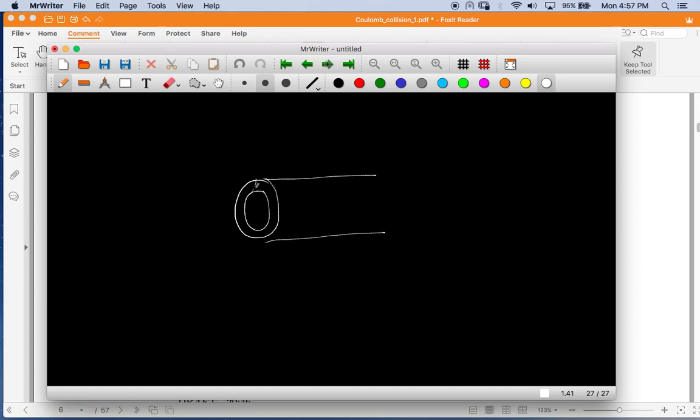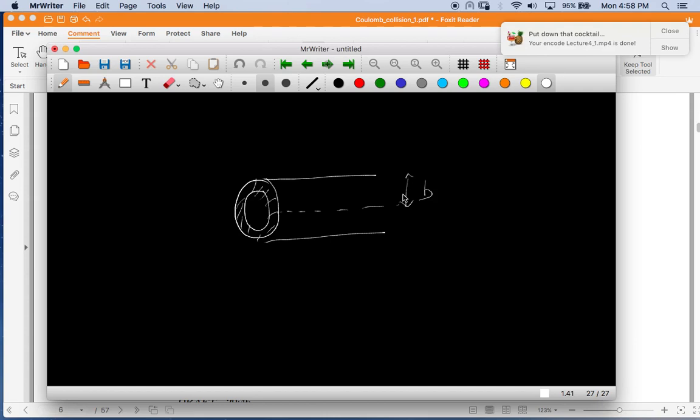So this would be the cross section. Keep this diagram in mind, we'll come back to it. This would be the impact parameter b.